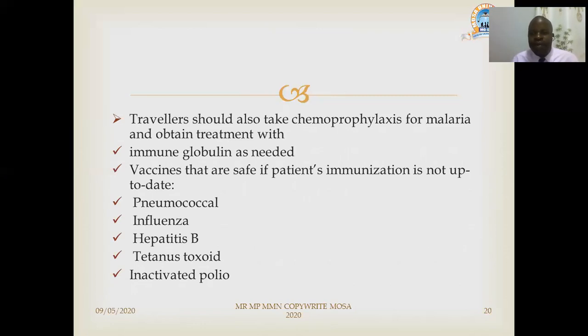We mean if the immune system is compromised, we have vaccines which are not harmful. That is pneumococcal, influenza, hepatitis B, and tetanus toxoid. Inactivated polio vaccine can be given to patients who are HIV positive with a very low immune system.